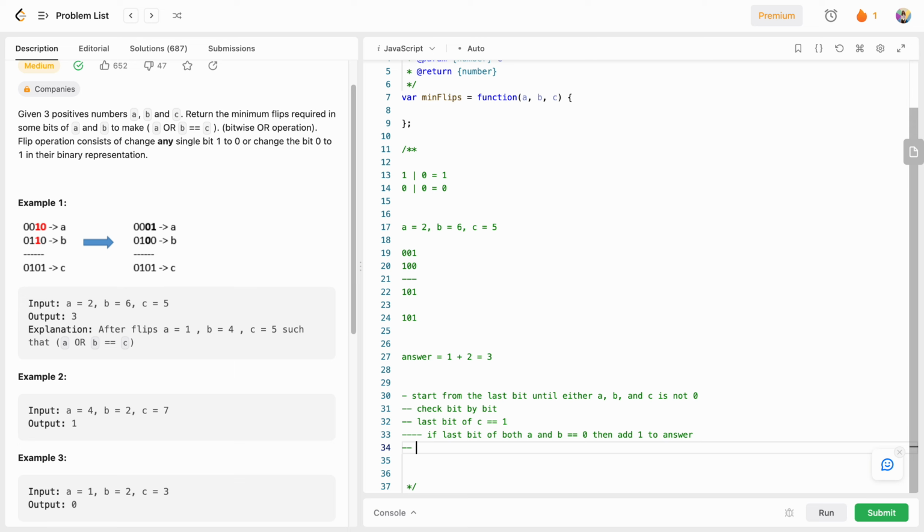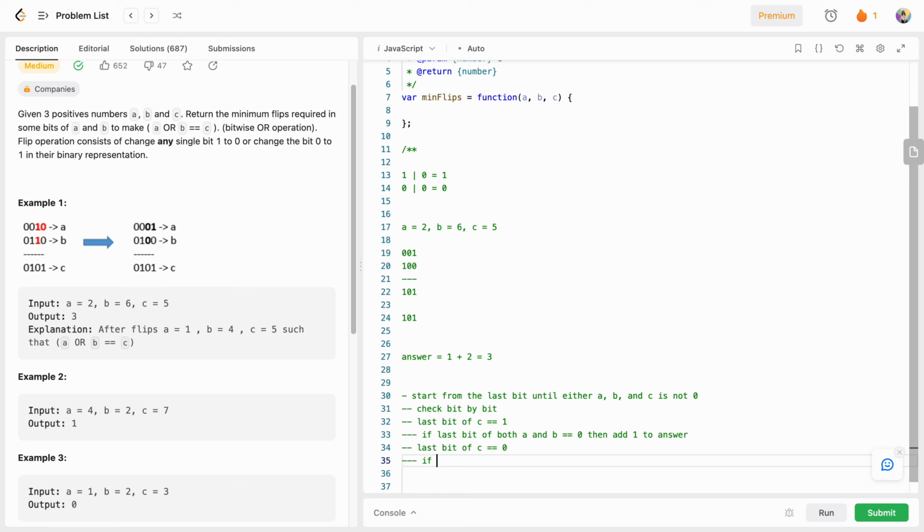Now if the last bit of C is equal to 0, how are we going to do that? For that case, both the bits in A and B should be equal to 0, right? So the maximum number of flips, we might have to change both the bits, right? So there is a chance we could change either 1 or 2.